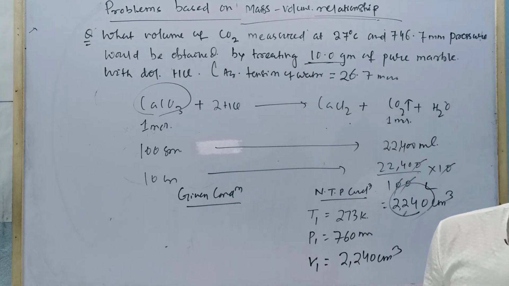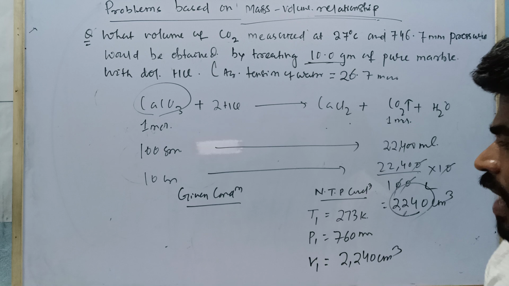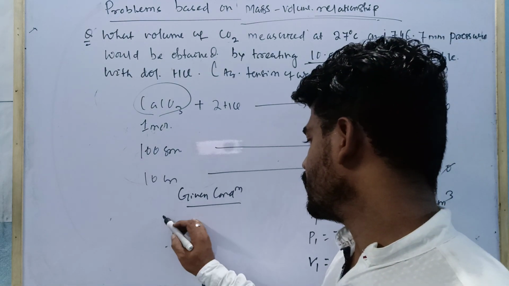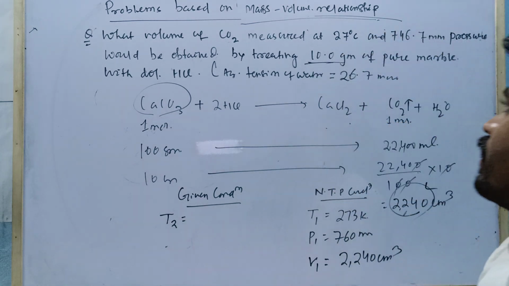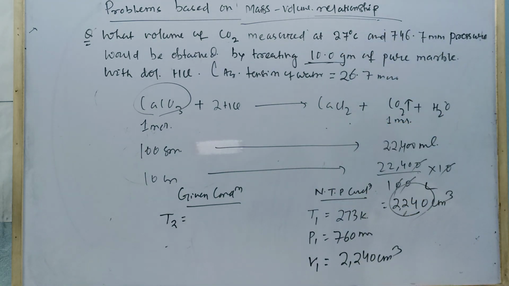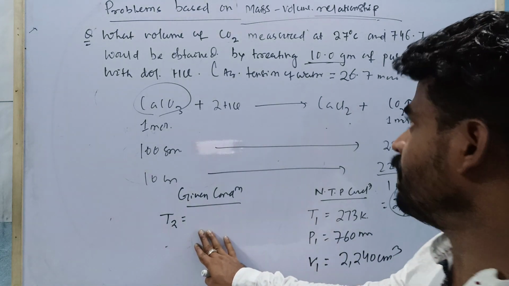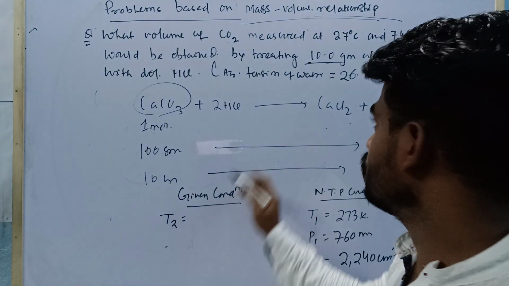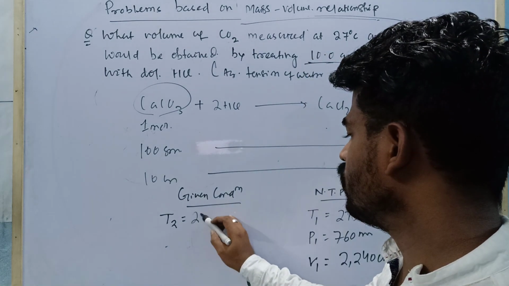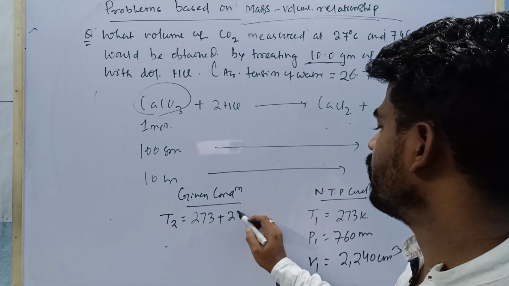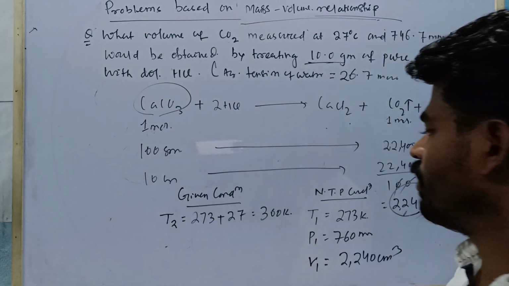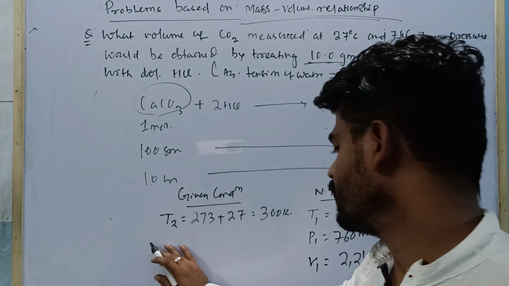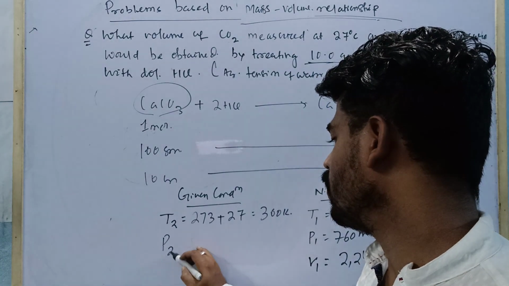This is NTP condition. Now at the given condition, T2 here, that is the given condition, will be 27 degree. So you just convert it into Kelvin, 273 plus 27, that will be 300 Kelvin. Next, P2 pressure.